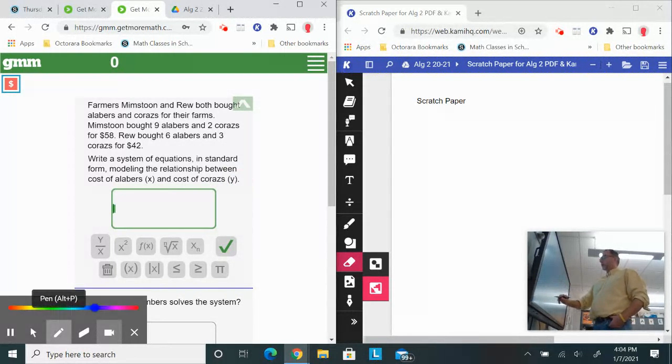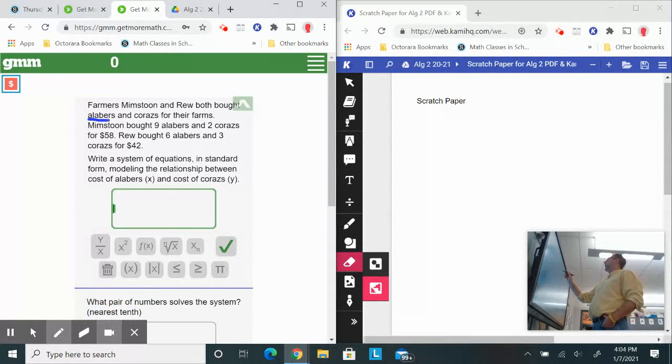All right? So I need to read that again. So I have these Alibers, and Mim Stoon's first. He bought 9 Alibers, and Rue bought 6 Alibers. And what else do we have? So I know there's 9 Alibers, and Alibers are X's.